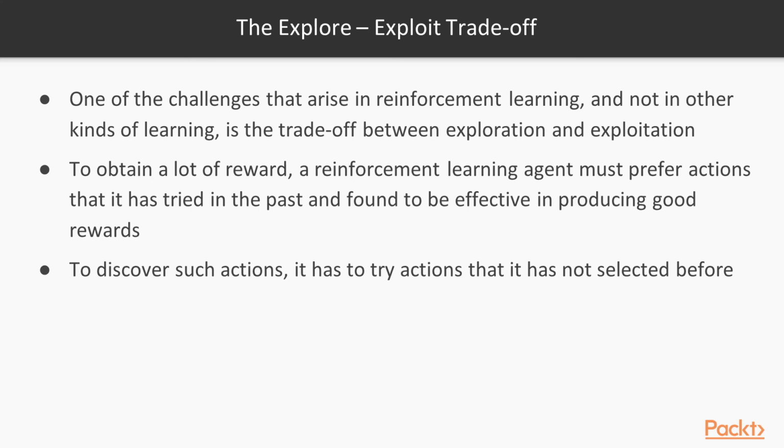Okay, finally, we can talk about another important aspect in reinforcement learning, which is one of the challenges that arises in this framework. And this is unique to this framework because here we have this trade-off between exploration and exploitation. Now, to obtain a lot of reward, a reinforcement learning agent must prefer actions that it has tried in the past and found to be effective in producing good rewards, right? But to discover such actions, it has to try actions that it hasn't tried before.